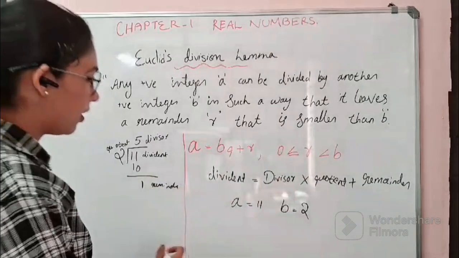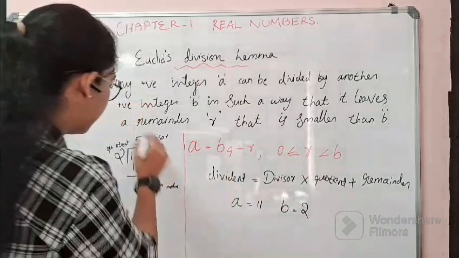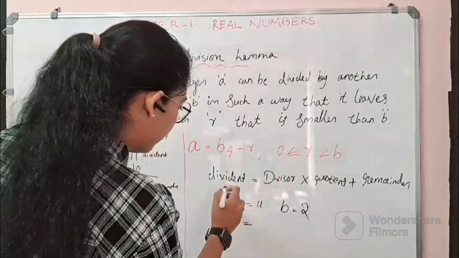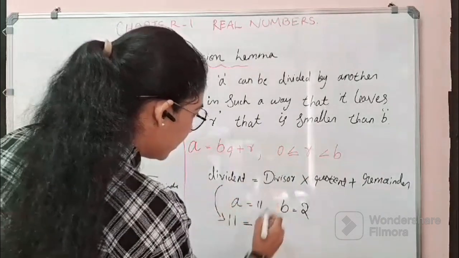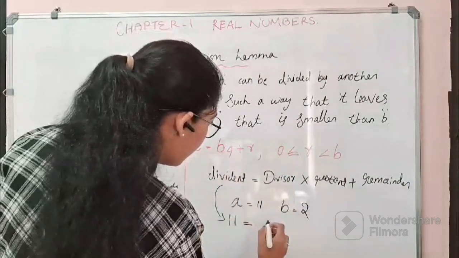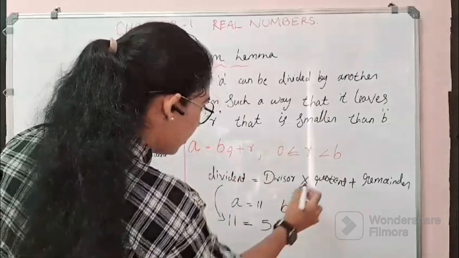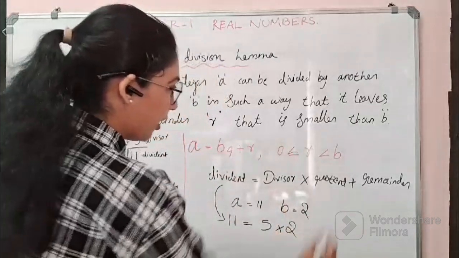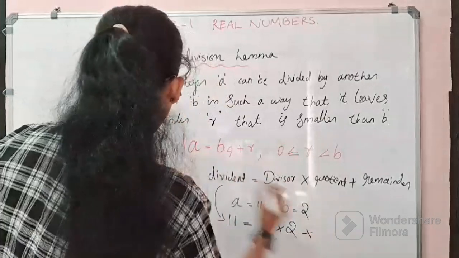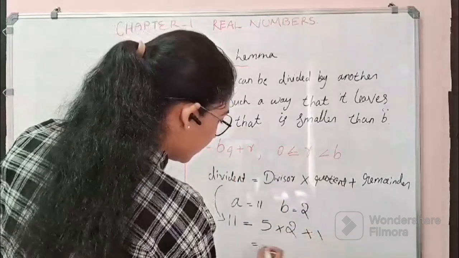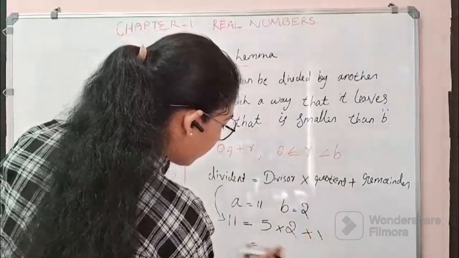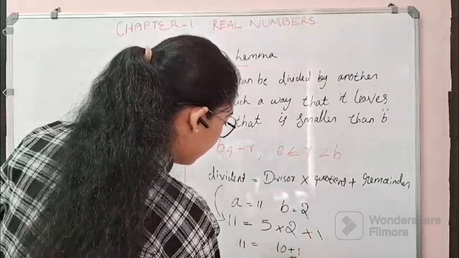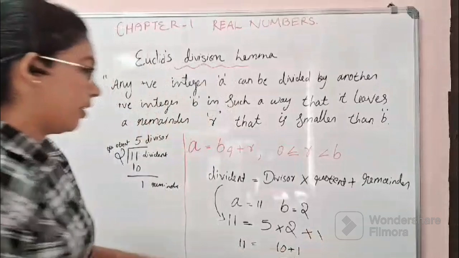So how can we rewrite this relation? 11 equals divisor 2 into quotient 5, then the remainder is 1. So we get 10 plus 1 is equal to 11.